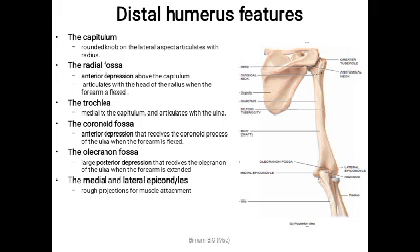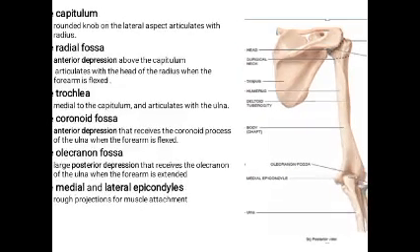The trochlea, medial to the capitulum, articulates with the ulna. The coronoid fossa, an anterior depression, receives the coronoid process of the ulna when the forearm is flexed.